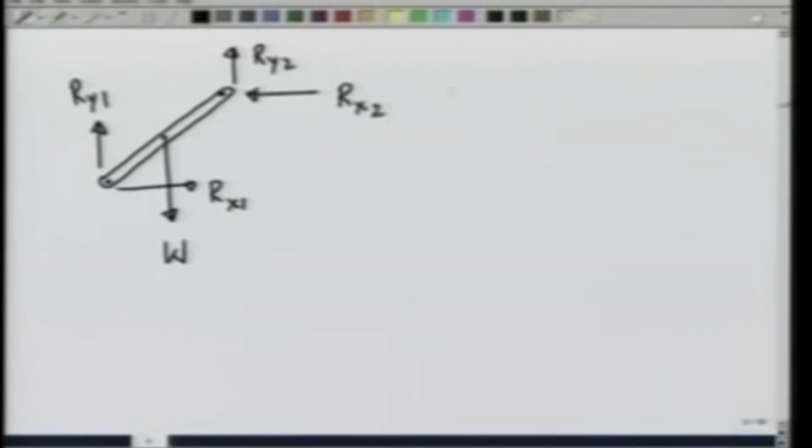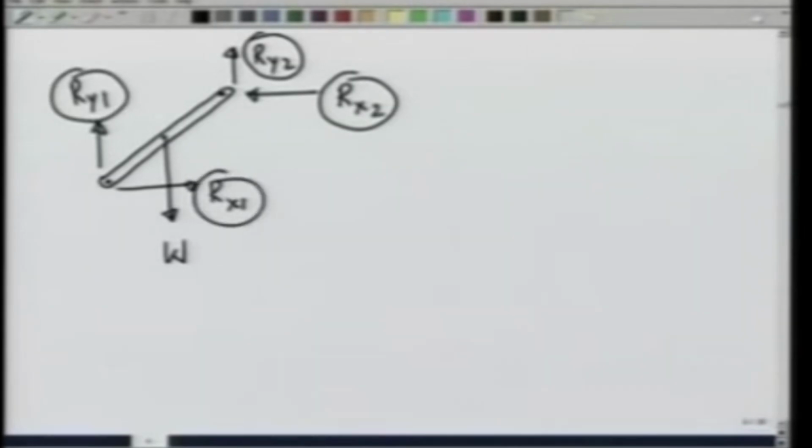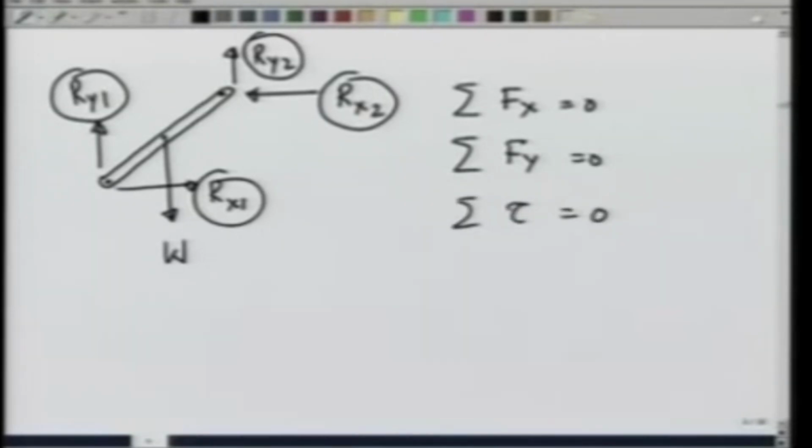In that case, you see that number of unknowns are 4, R x 2, R y 2, R y 1 and R x 1, and number of equations are still 3, summation f x equals 0, summation f y equal to 0 and summation tau about any point is 0.